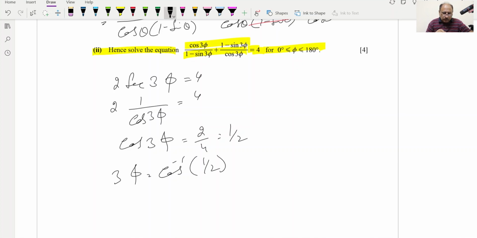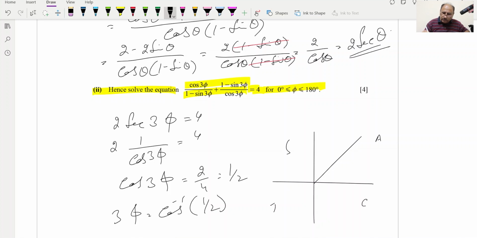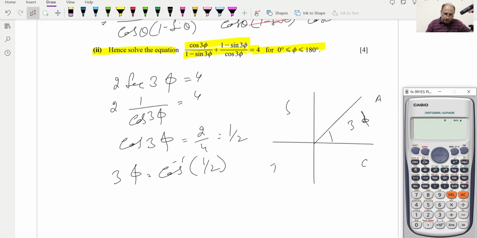Now cos inverse of 1 by 2, so what will 3 phi be? If we sketch a rough sketch, this will be 3 phi. Positive will be on this side, so it will be 3 phi, and we can check what cos inverse of 1 by 2 will be.